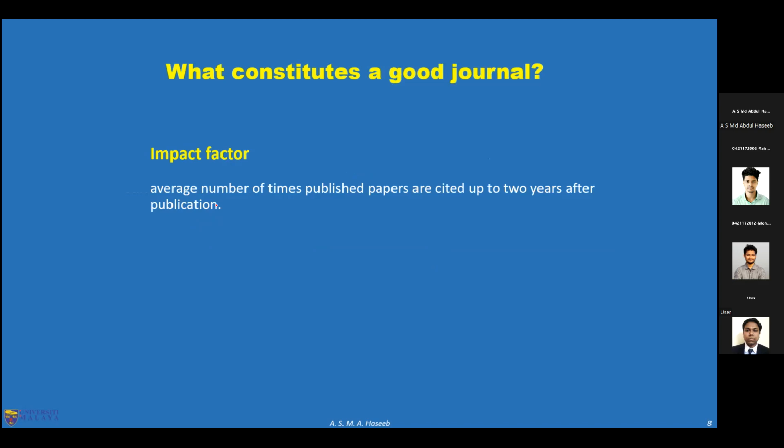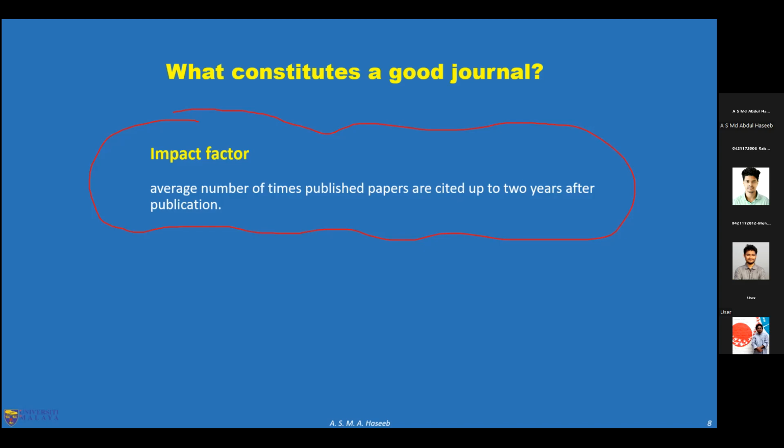As for the good journal, I think we have seen already, it is basically accepted by most people that if the impact factor of a journal is high, then it is a good journal. In addition to that, there are some other indicators as well. So there are some professional societies, international professional societies, who have journals which can have low impact factor, but those are also considered as very good journals.